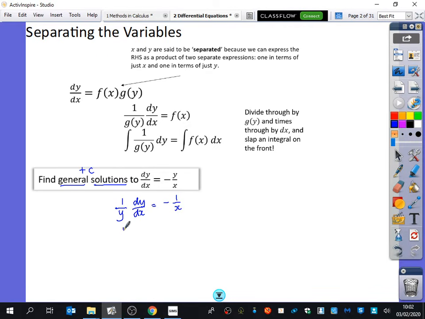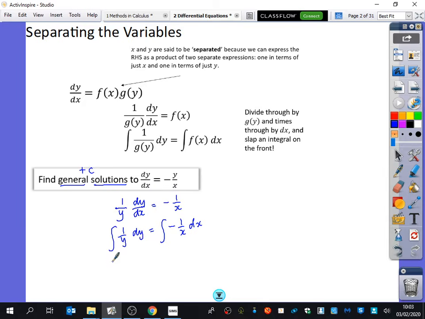Then I'm going to multiply up the dx like this.